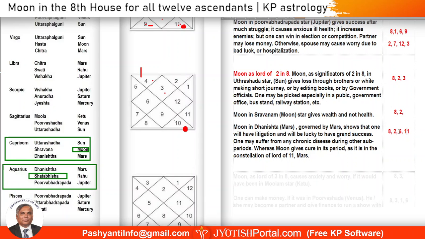Now the 11th house alone is also a very positive house if somebody is suffering from some disease or ailments.